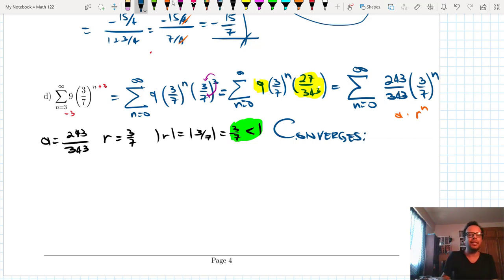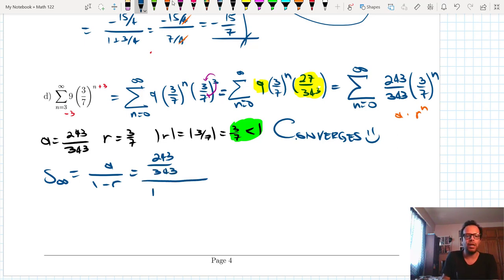Okay, so now let's find its sum. The infinite sum will be A divided by 1 minus R, in which A is, yes, big numbers, 243 divided by 343 over 1 minus R, which is 3/7.